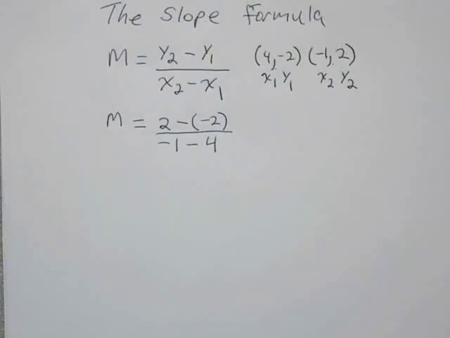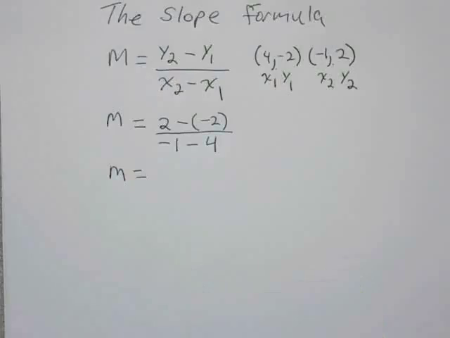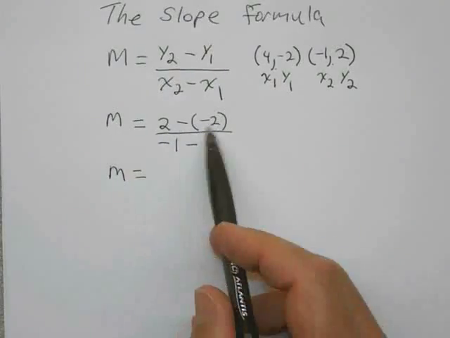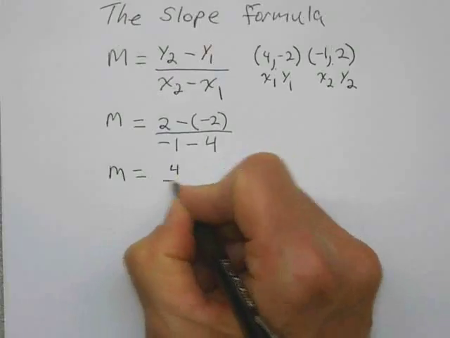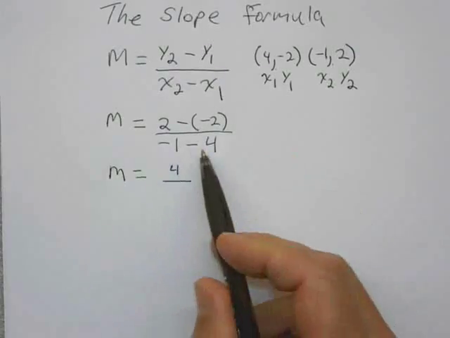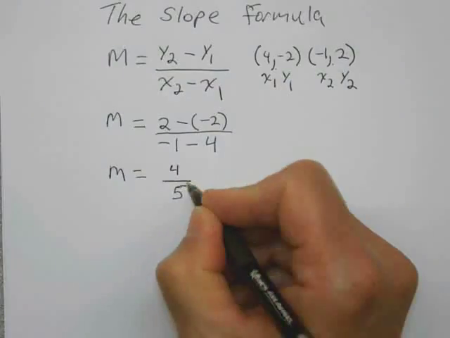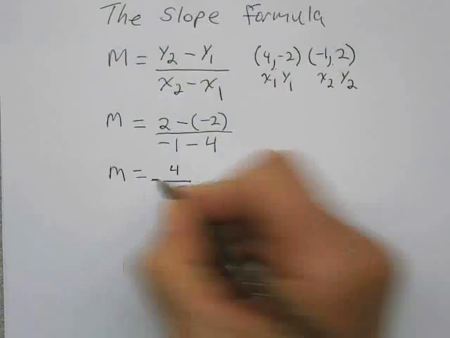Okay, so let's do that. m is now going to equal 2 minus -2. When I subtract a negative, that's the equivalent of adding a positive. That would be 4. And -1 minus 4 would be -5. All right, I'm not going to write the negative symbol here. I'm going to write it over here. And what does this mean?